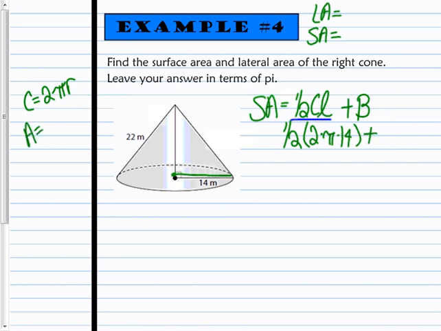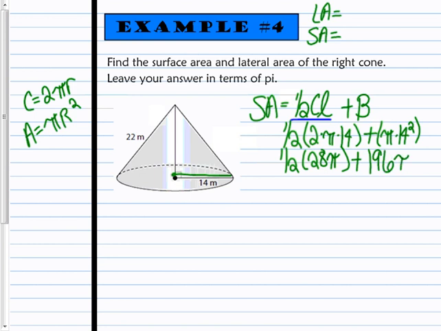Area of the base of a circle is pi r squared. So pi times radius squared. And again, I'm going to go step by step, and this says we can leave it in terms of pi. So 1/2 times 28 pi plus 14 squared is 196. So plus 196 pi.